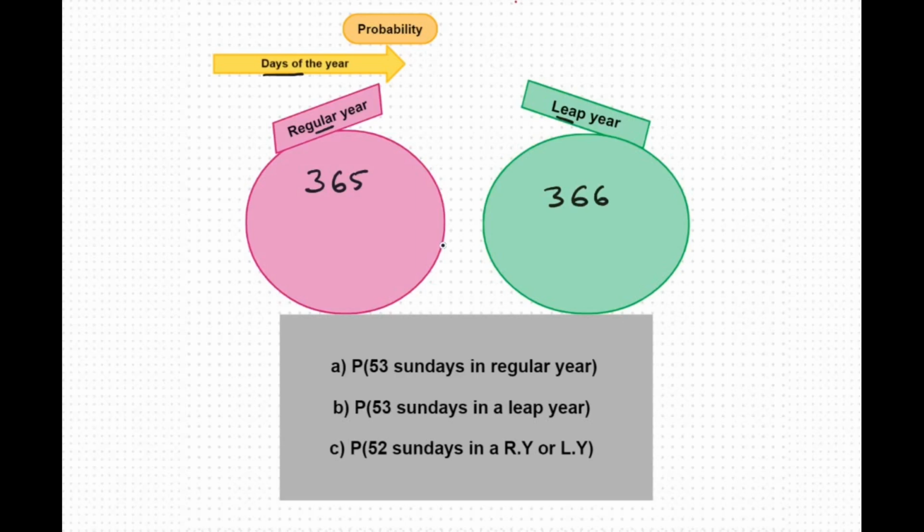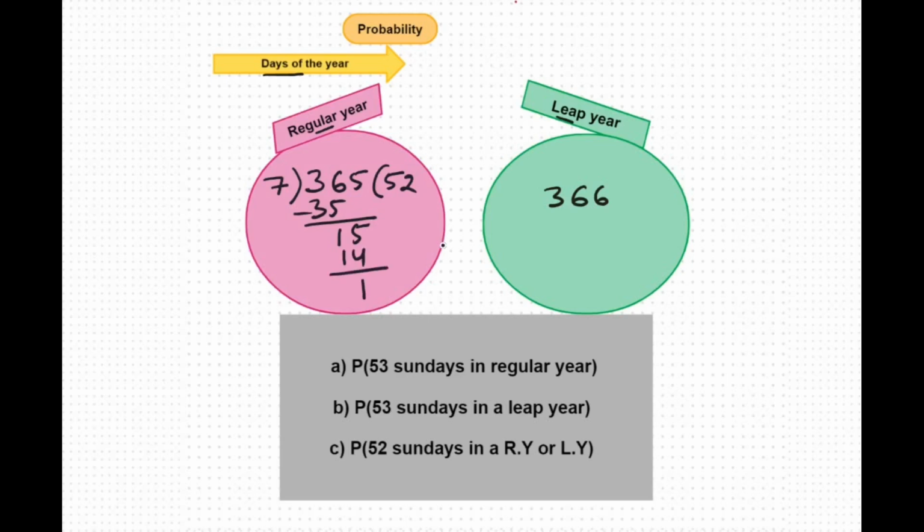Also, we know that a week has 7 days. So when we divide 365 by 7, we will get the number of weeks a year has. 7 5s are 35. We have 1 as the difference and 5 drops down. 7 2s are 14 and 1.